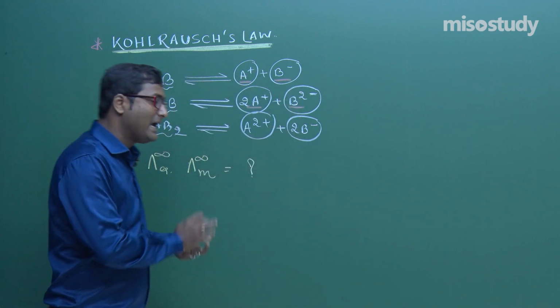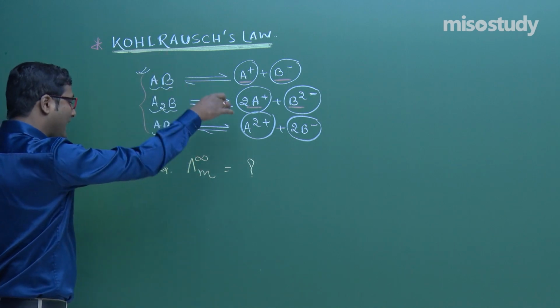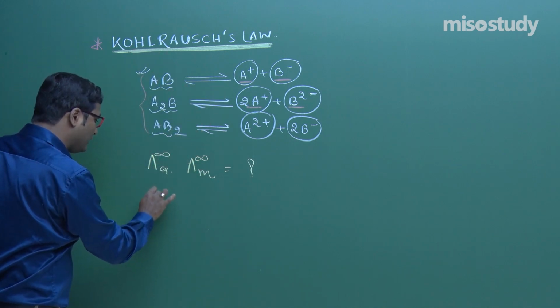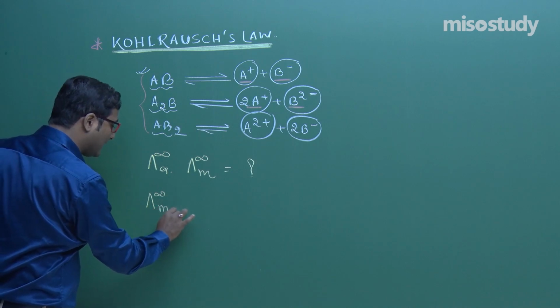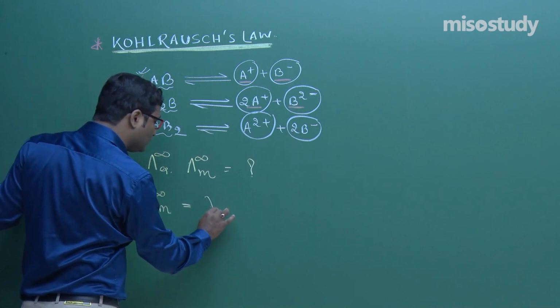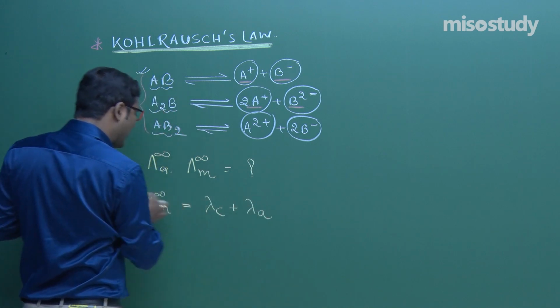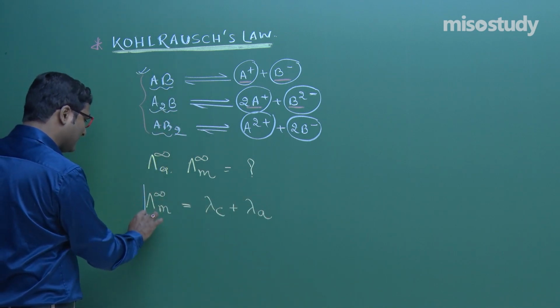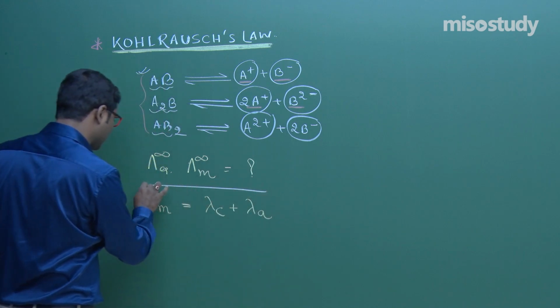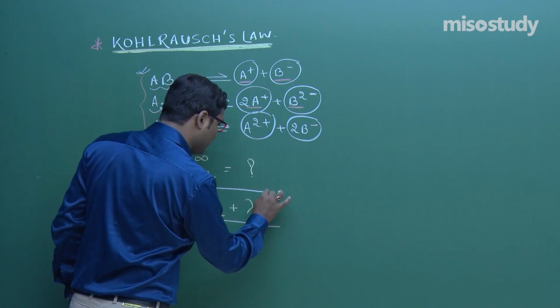Again I am repeating, at infinite dilution, equivalent or molar conductance is equal to the ionic conductivity of the cation and anion. That is the case, my friend. Clear to you?